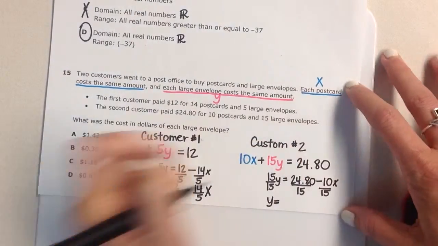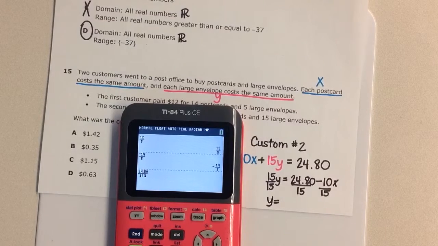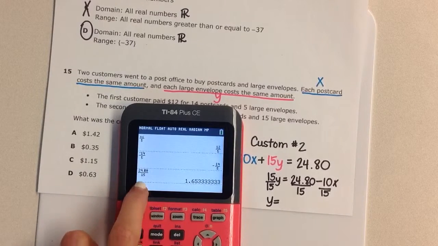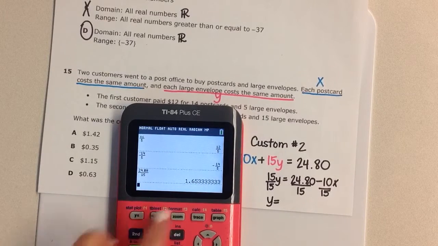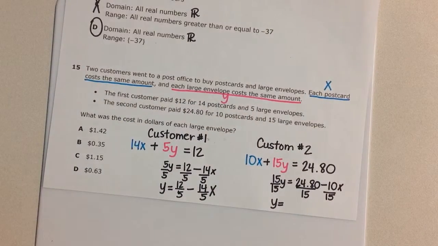So I'm going to have y equals, and now I'm definitely going to my calculator because I have some decimals and I just can't do that math accurately in my head. So 2480 divided by 15, but I'm going to make it a fraction, so I'm going to do math, frac, enter, and it's 124 over 75.